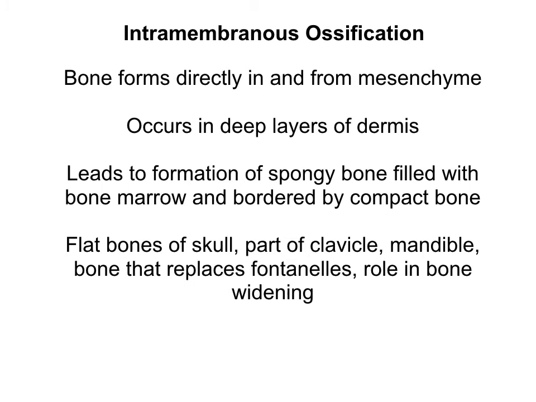And the bones that form this way are the flat bones of your skull, part of your clavicle, your mandible, the bone that replaces your fontanelles, those lovely soft spots in the infant's skull, and there is a role for intramembranous ossification in bone widening.